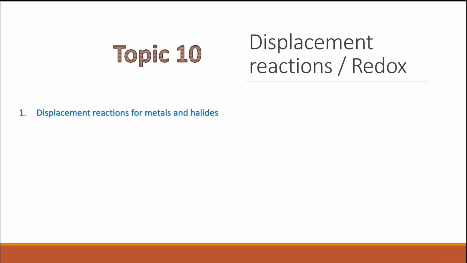And for the halides, it's from group 7. Sometimes they like to ask about group 7. It's not very common though in the exam, but you know that as we go down group 7, the reactivity of the halogens decreases, which means the halogens which are higher up in group 7 will be more reactive, and can displace the other ones from their salts.